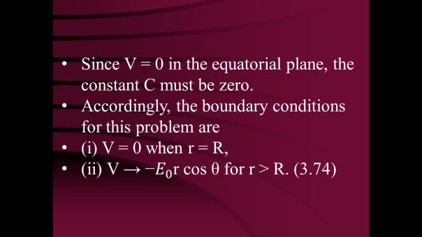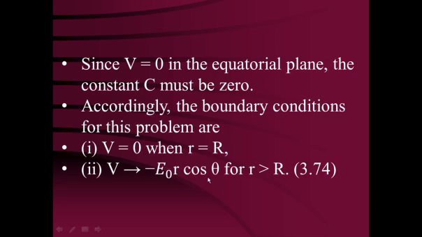That is one of the boundaries here, and outside that we want to find the potential, so the first boundary condition is V equal to 0 when r is equal to capital R. Now, for the second boundary condition, if we take the region bounded by another sphere of very large radius, that means small r greater than R, then the potential is V equal to minus E0 r cos theta, because we have already put C equal to 0.